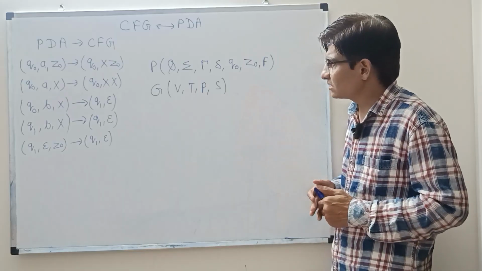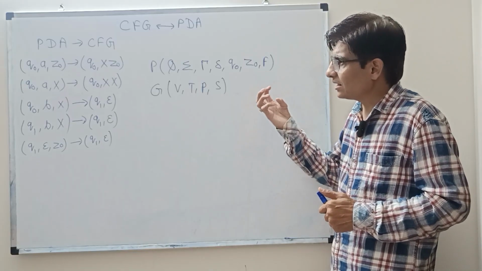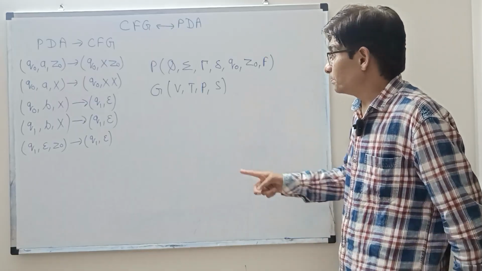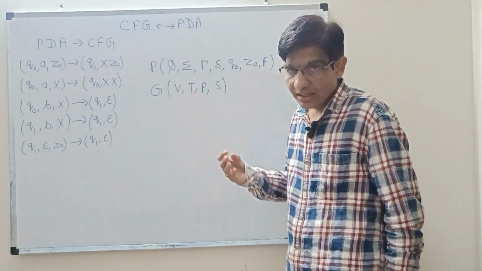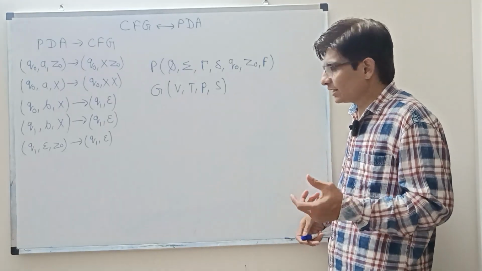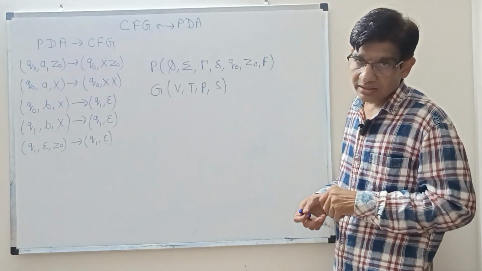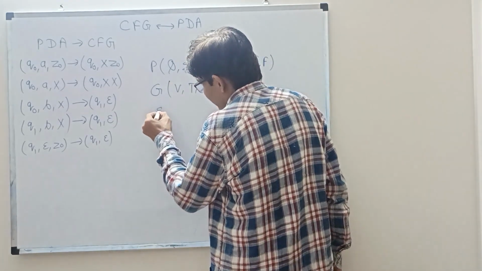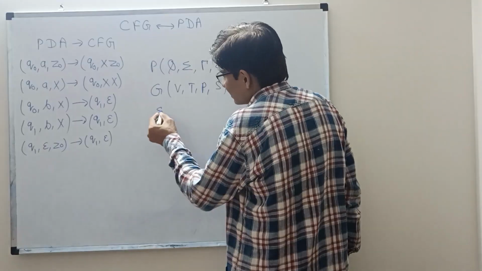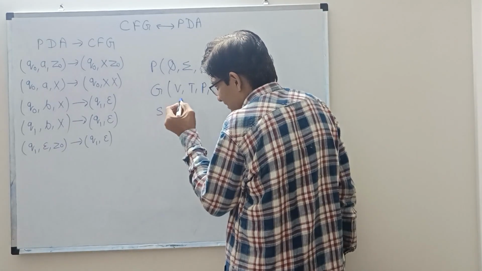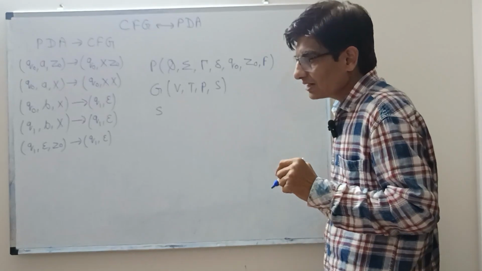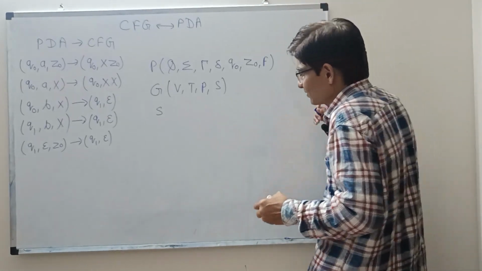Remember, friends, when we are converting any PDA into CFG, the set of variables will have one start variable and some other variables. Only the start variable will be represented with S, and all remaining variables will be represented in a specific format.